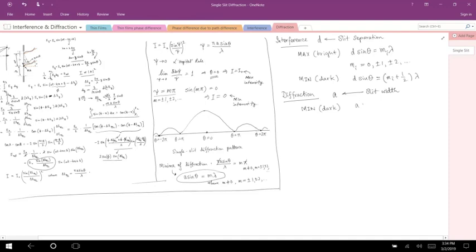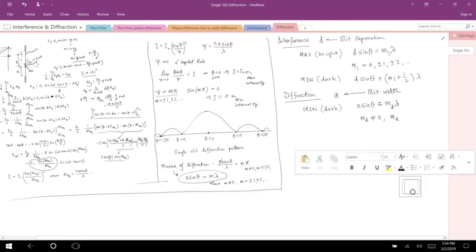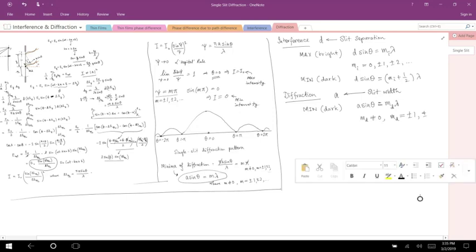That happens when a sine theta is equal to m lambda, but we'll call it mD, where the D stands for diffraction. And note that mD is not equal to 0, but mD is equal to all non-zero integers, plus or minus 1, plus or minus 2, etc.